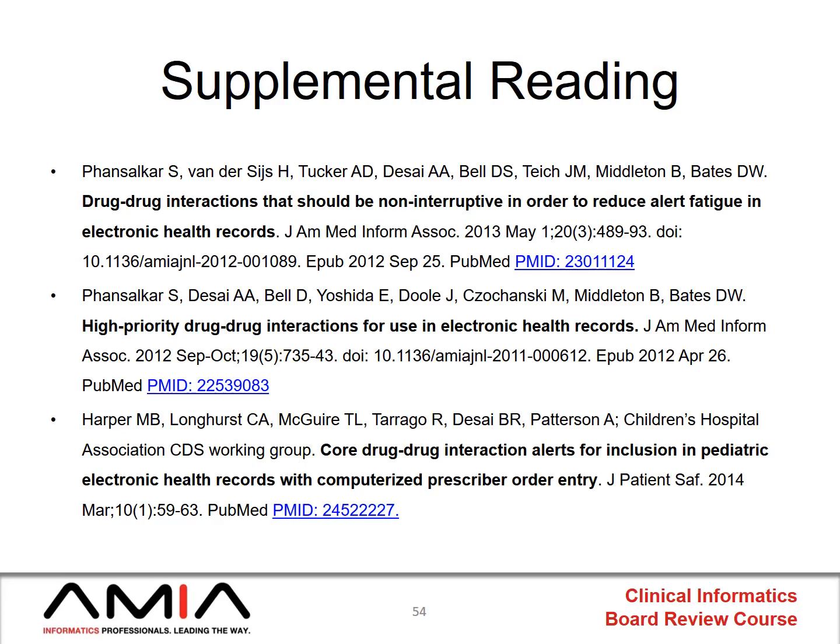Here's some additional supplemental reading on lists of recommended DDIs that should be non-interruptive in order to reduce alert fatigue, as well as a list of high-priority DDIs to use in electronic health records for the adult literature, and then the one at the bottom is the one for pediatrics.